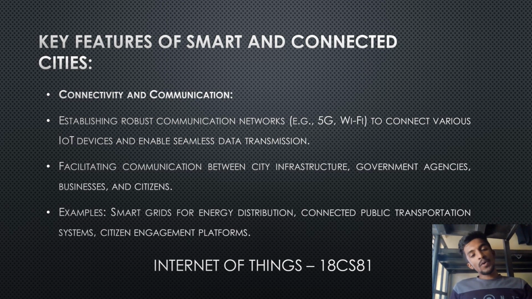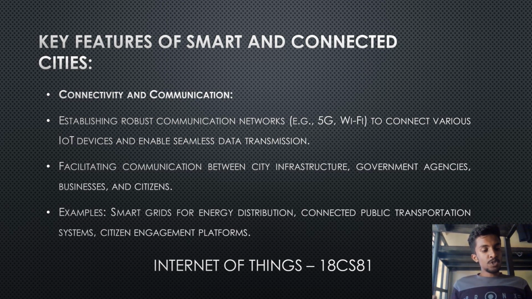Providing strong communication between city infrastructure and government agencies, businesses, and citizens is very important, and it's a very important feature in smart and connected smart grids for energy distribution. In the sense, these are advanced systems that optimize energy distribution, monitor usage, and integrate renewable sources for efficient power delivery.